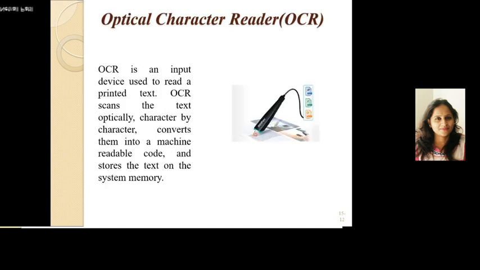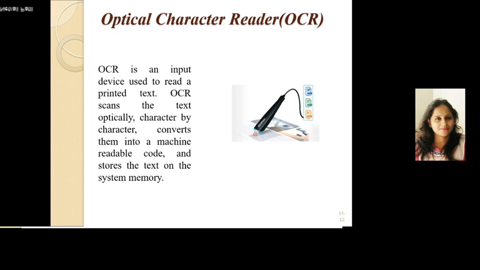Okay. Next one is optical character reader. OCR is an input device used to read printed text. OCR scans text optically character by character and converts them into a machine readable code and stores the text on the system memory.